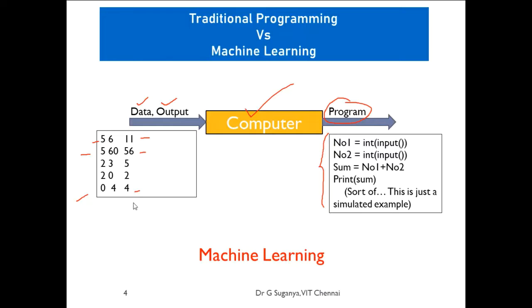If this data is given to you, human brains will try to automatically find the relation between input and output. How do we do it? We try it with different kinds of troubleshooting, and finally we arrive at a conclusion that this is how it operates. Similar to that, the machine tries to learn by itself. But keep in mind that the machine can't do anything of its own like a human being.